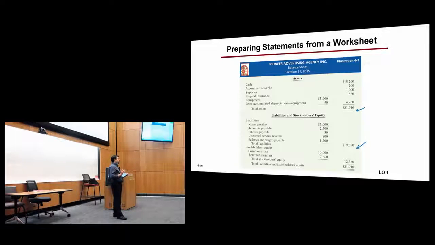Now just to let you know, we could have had all the information in one statement, right? Instead of calculating net income, and then going from net income to retained earnings, and then from retained earnings to the balance sheet. We could have had all this information in one statement. What would the problem be? Super long.